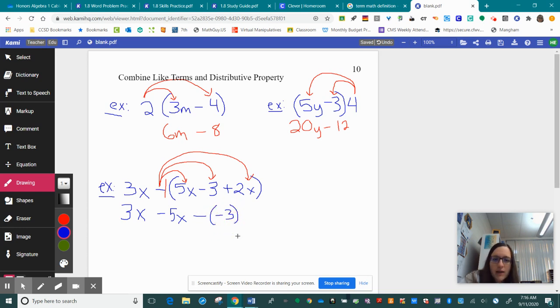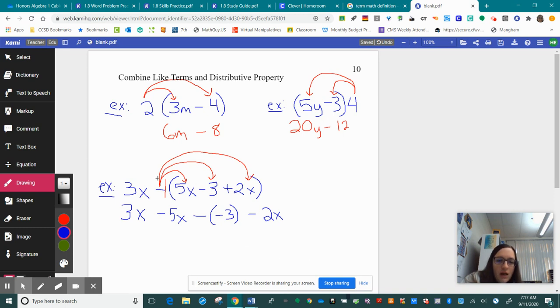Some of you are like, Miss Icework, can't I just put the positive? Yeah, you could. I'm writing it out, though, to show you the minus the negative 3. Okay, then we minus this positive 2x. If we're going to subtract that 2x, there we go. From here, we can then use our combining like terms after we've used our distributive property.